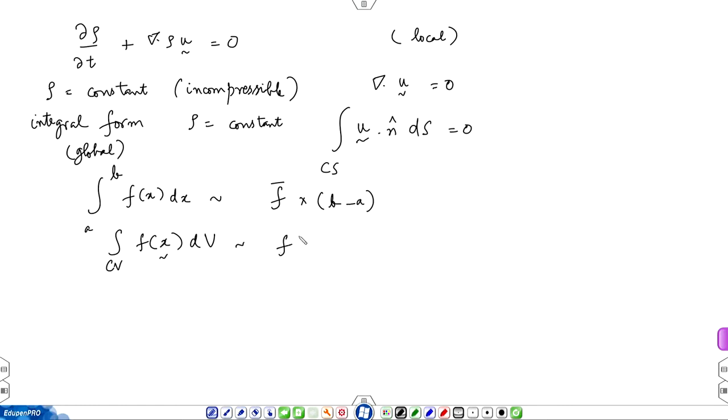You find its average in the volume and multiply it by the volume. So, I am using this crossed V for the volume of some entity, such as the control volume. So, we can use simplifications of this type and evaluate integrals and derive answers of importance very quickly.